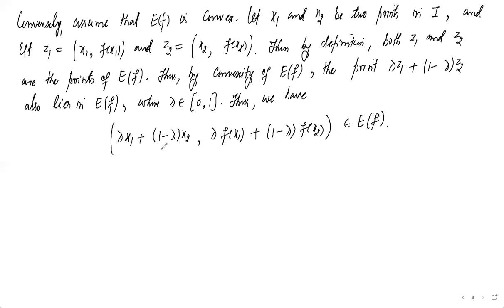This can clearly be obtained by putting the values: in place of z1 we write x1, f of x1, and in place of z2 we write x2, f of x2.